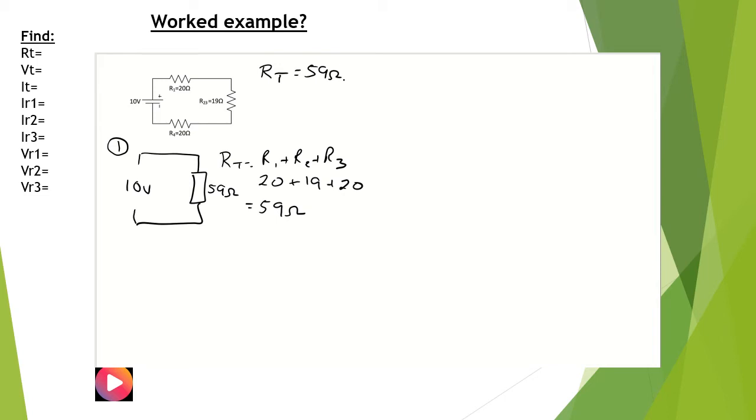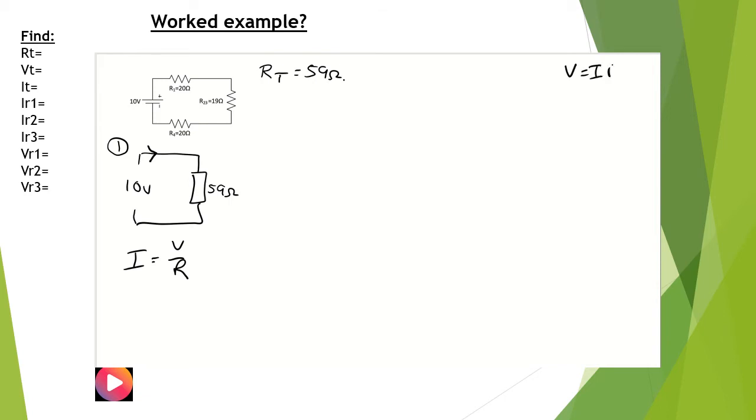Let's now see if we can calculate the current flowing through the circuit. I is equal to V on R. V is equal to IR, that's Ohm's law. I'll spend a moment to transpose this formula.